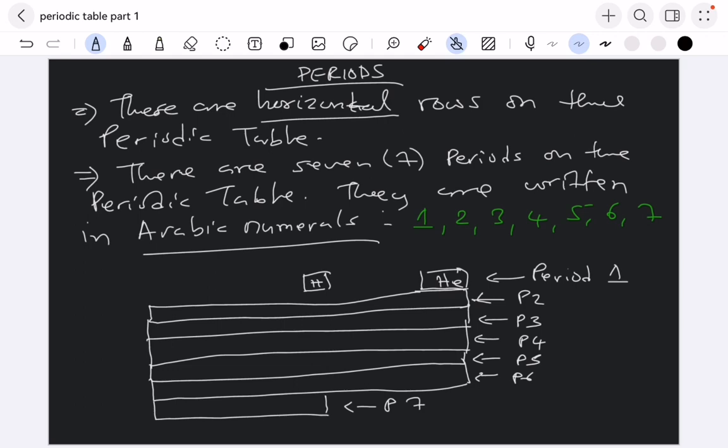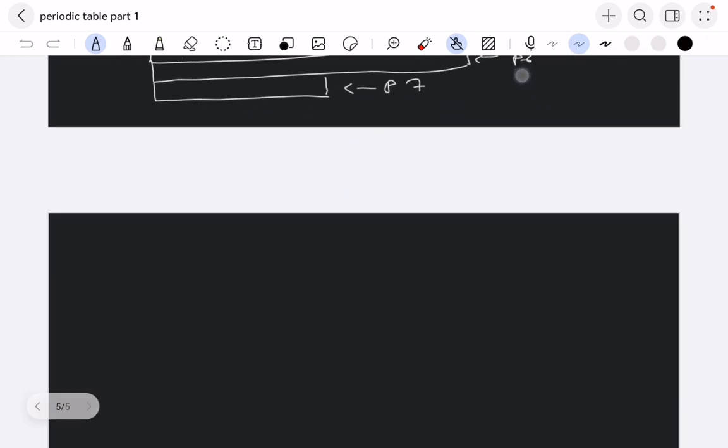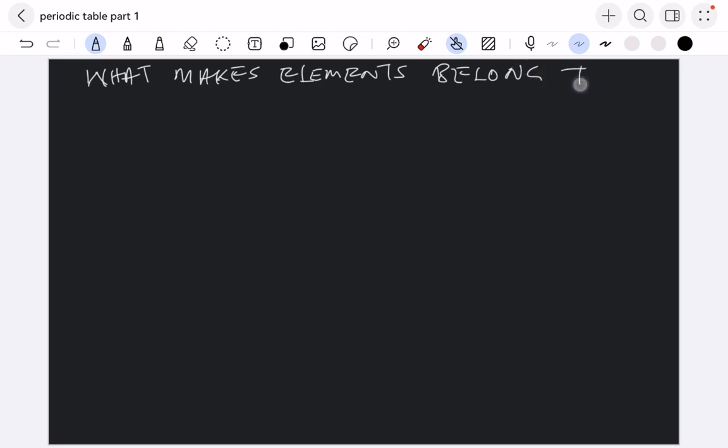Now, the golden question is, what makes elements belong to the same period?